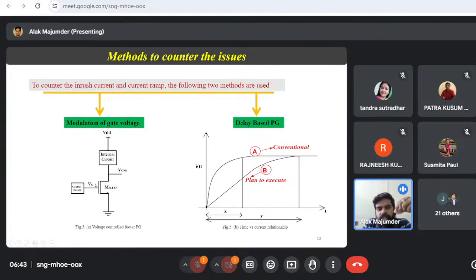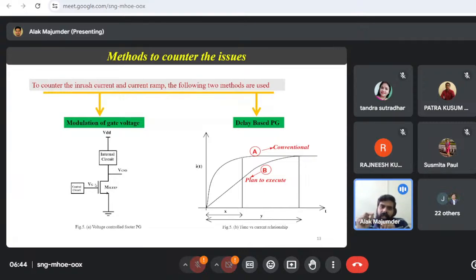It is suddenly switching from 0 to 1. What does 0 to 1 mean? If your VDD is 1.1 volt, for example, it is switching from 0 to 1.1 volt suddenly, or 1.1 volt to 0 volt suddenly, right? So rather than changing it suddenly in a very small time duration, can we change it like this: from 0 to 0.3, 0.3 to 0.6, 0.6 to, for example, 0.9, then 0.9 to 1.1, right?